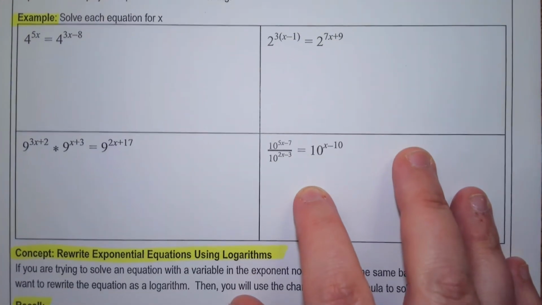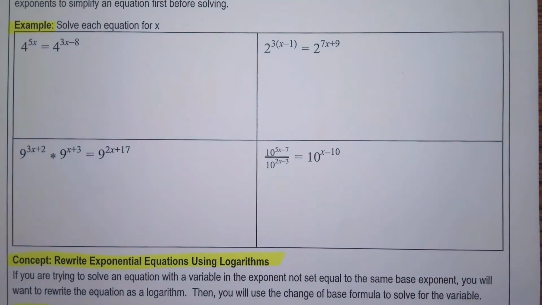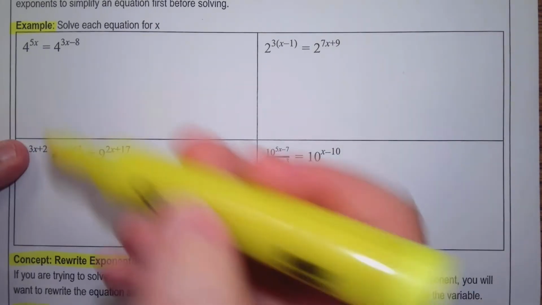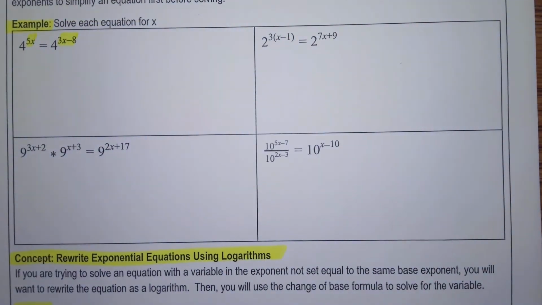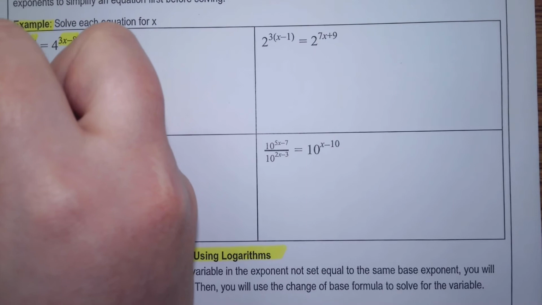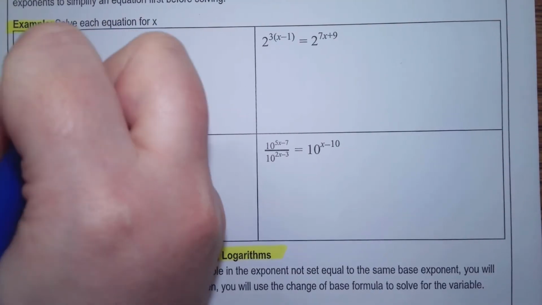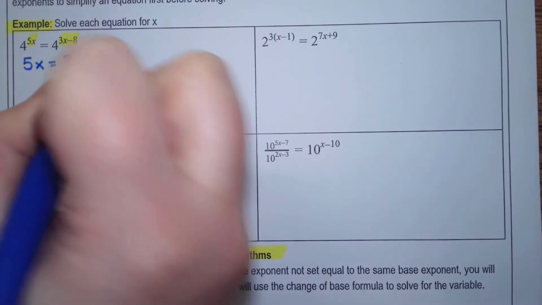So our first example here is 4 to the 5x equals 4 to the 3x minus 8. So as you can see, both our bases are the same, which are 4. So that means our exponents are going to be equal. So we can just drop the base and have 5x is equal to 3x minus 8.